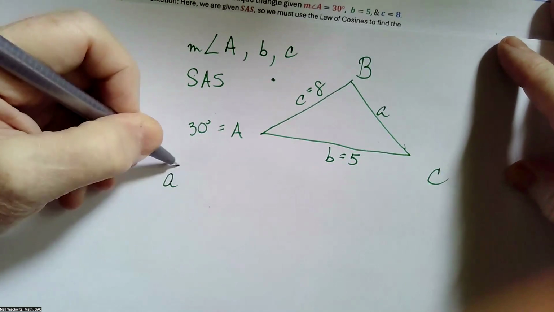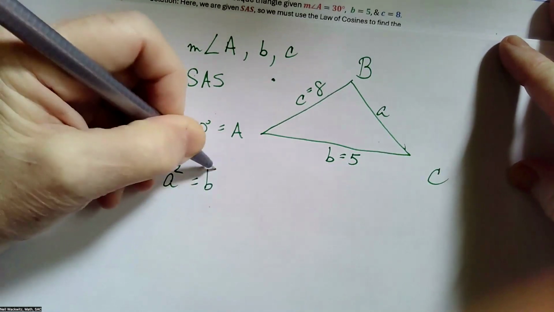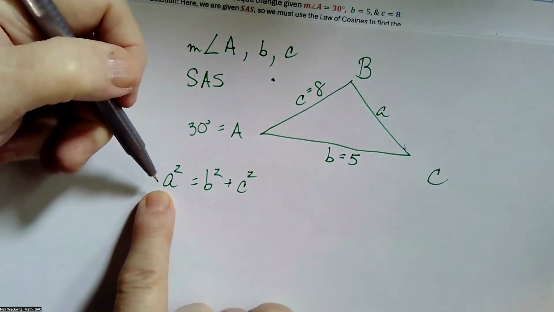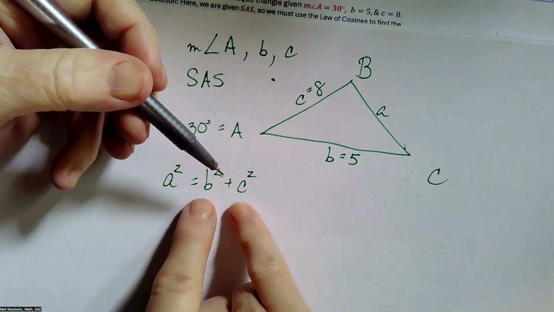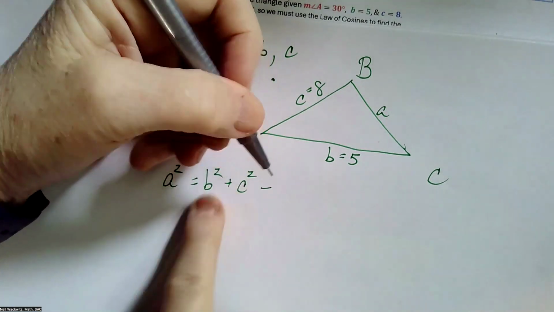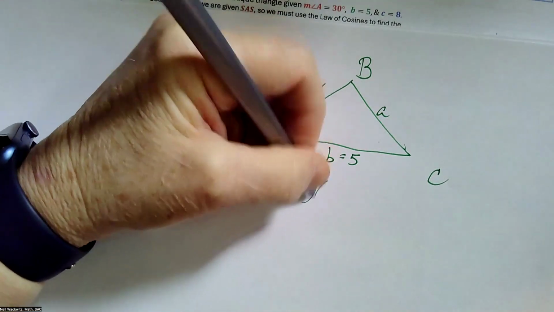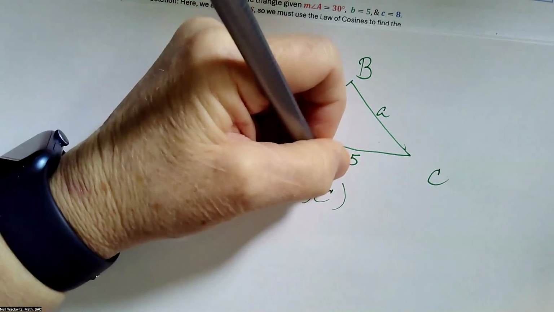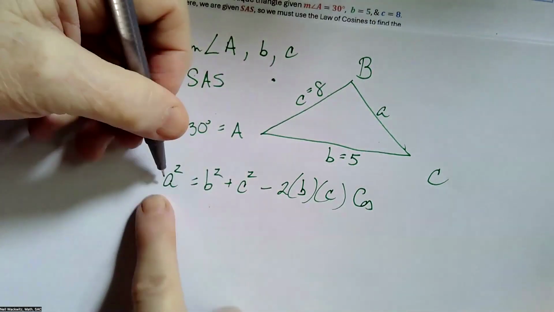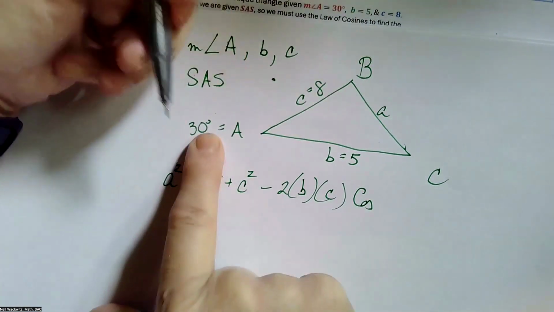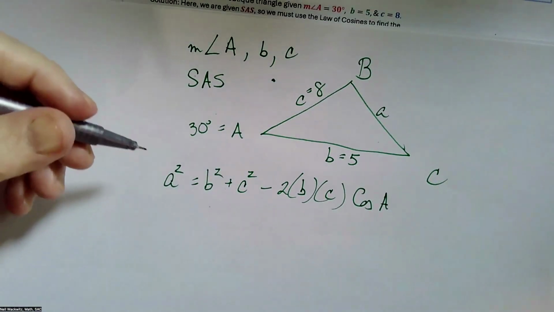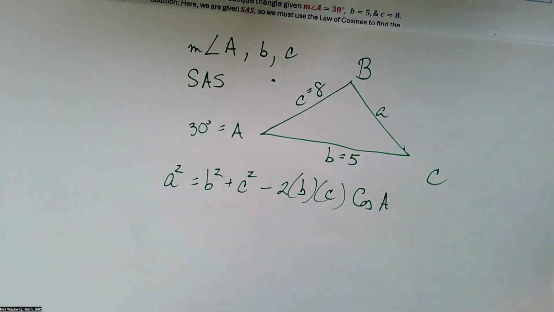So a squared is equal to b squared plus c squared. So the side I'm looking for equals the squares of the sides I do know minus those same two sides, b and c, times the cosine of the angle opposite the side I'm looking for, which is angle A. Cosine of A, let's get some approximations in here.